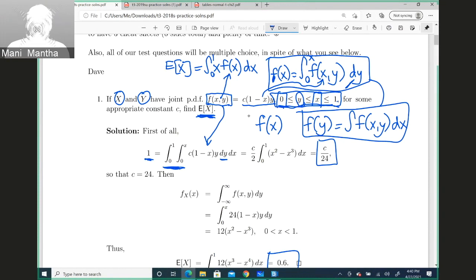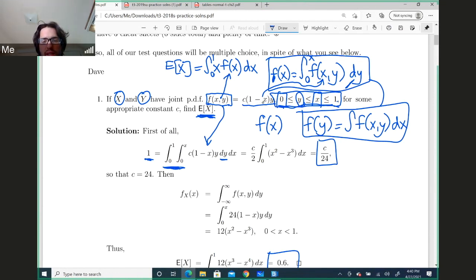This thing is factorizable into the things that contain the x's and contain the y's, but the bounds of the variables themselves are dependent on each other, and therefore these variables are dependent. In order to have these be independent, you would have to both have the joint PDF factorizable, and you'd have to have the limits be independent.